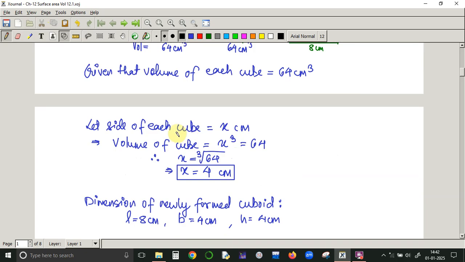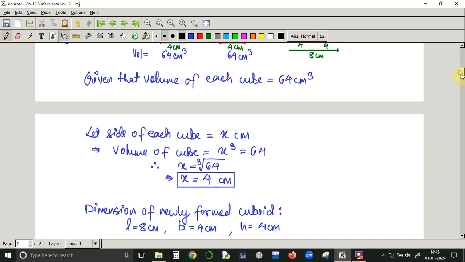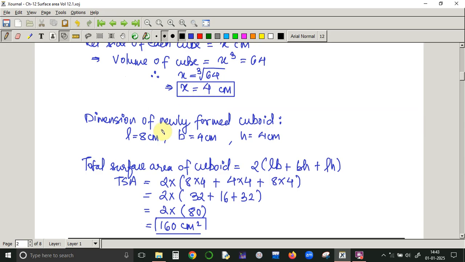So let the side of one cube be x, so volume is x cube is equal to 64, and the cube root of 64 I can write it as 4 into 4 into 4, and cube root will send this triplet out as 4. So edge is 4.